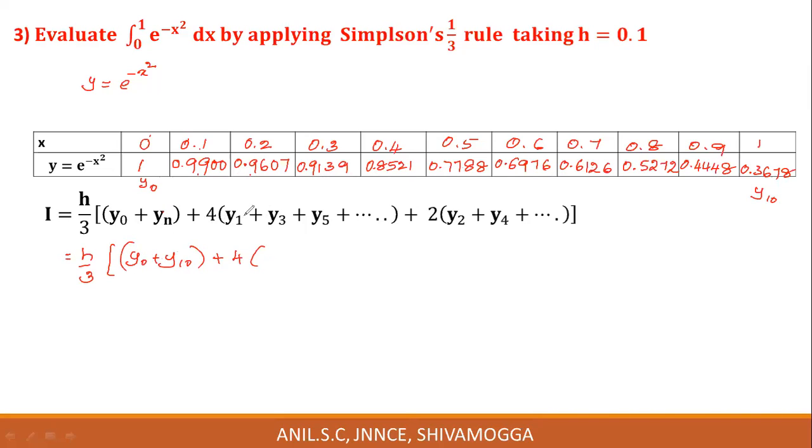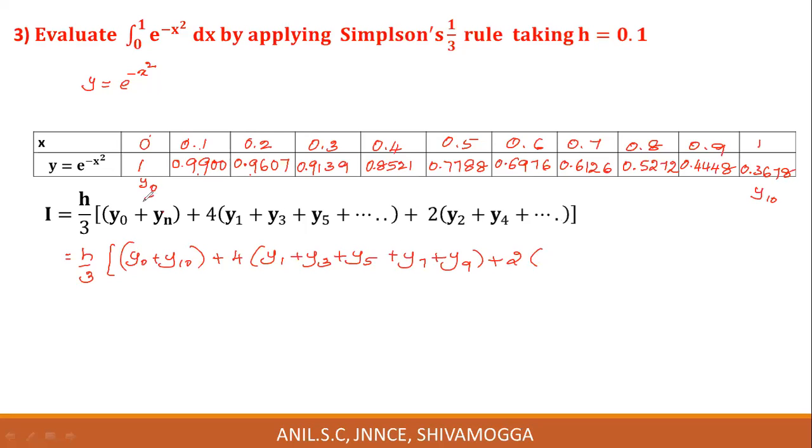How many such ordinates are there between y naught and y10? y1, y3, y5, y7 and y9, plus 2 times even numbered ordinates between y naught and y10.